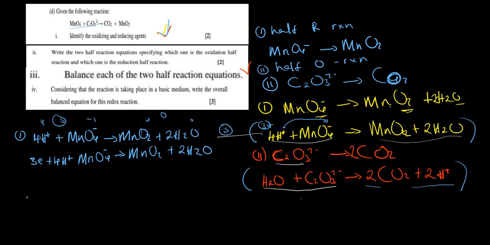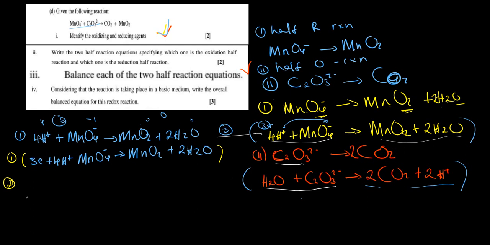So this is reaction 1. For reaction 2 now, here I can see there is only negative 2. How many electrons are there? There are 6. Here there are just 2, right?